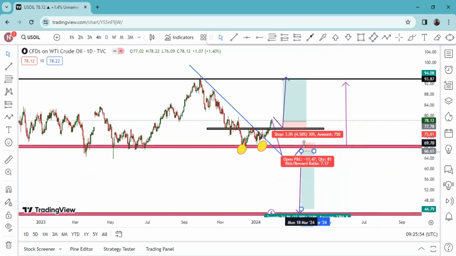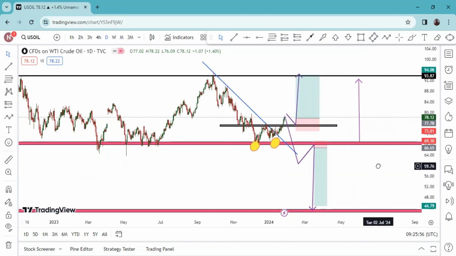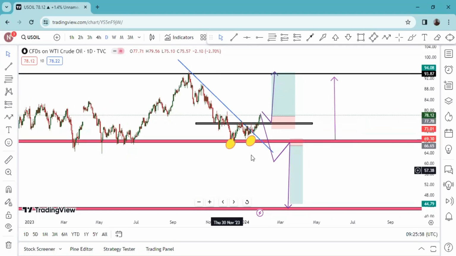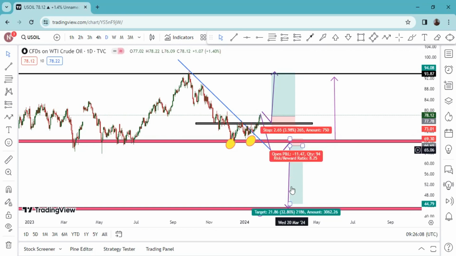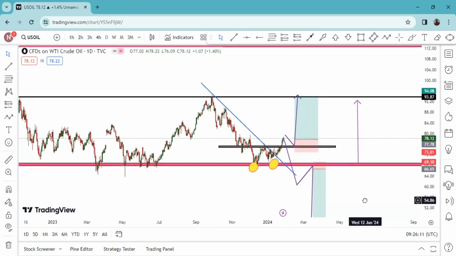So it's a two-thing scenario. If the market just pulls back directly and breaks this double bottom and breaks this level and retests this level, then I'm going to take my sells from there.